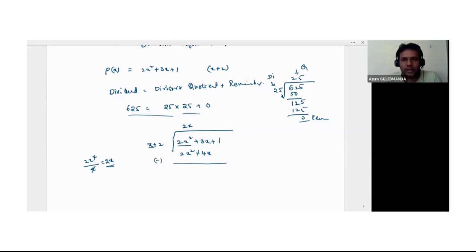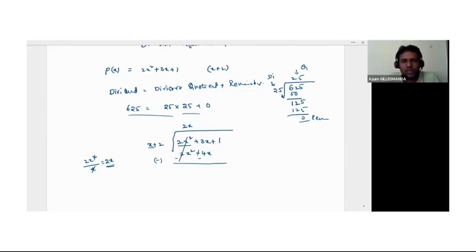So the signs will change: plus 2x squared minus 2x squared gets cancelled. For that reason I took 2x, because I want to get the exact term. Here it is 2x squared, there it is x. If I divide, I get the multiplier 2x, and 2x into x gives exactly the same term. That's the hint for how to get the multiplier from the divisor.